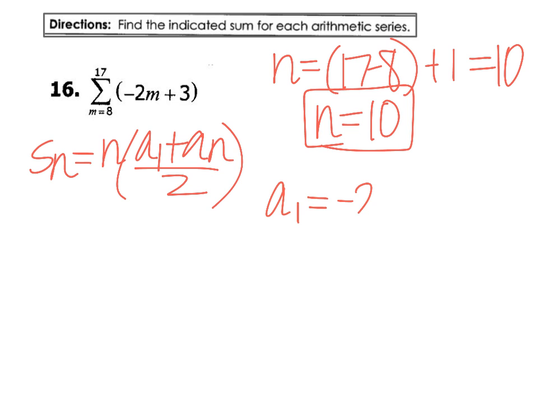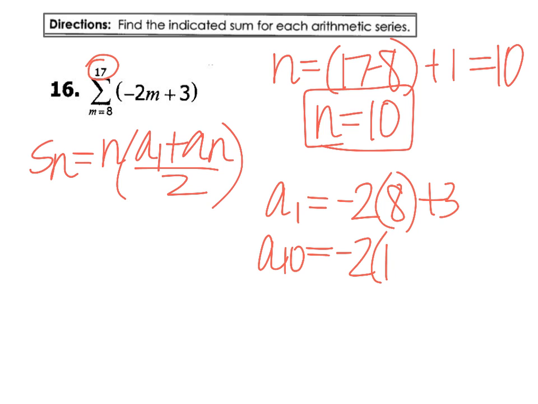So we say negative 2 times 8 plus 3. And our last term, or a sub n, in this case our 10th term, is going to be when m equals 17. So we say negative 2 times 17 plus 3.